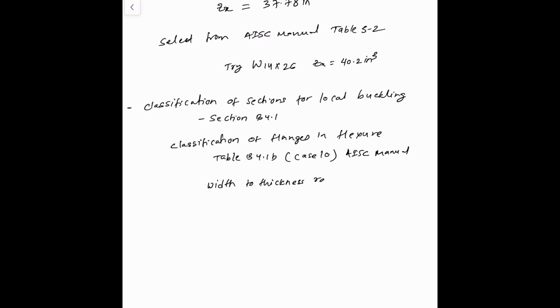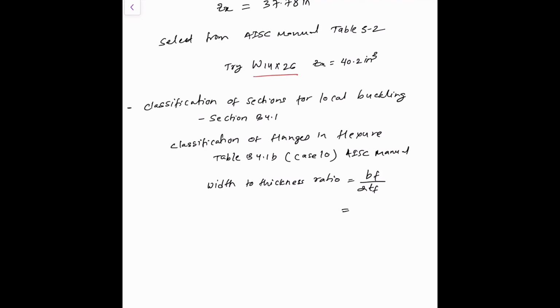Width to thickness ratio, which is BF over 2 tf. When you see in this manual, the width b is half the width of the flange, so BF divided by 2 times thickness of flange. That's what we do here.